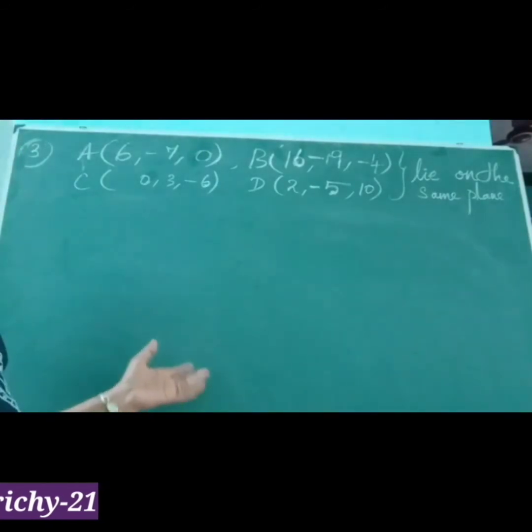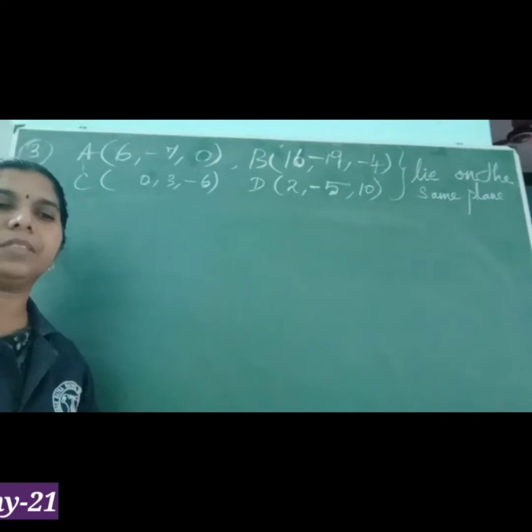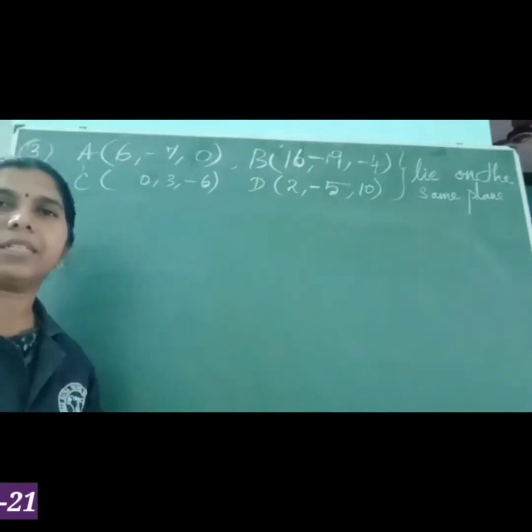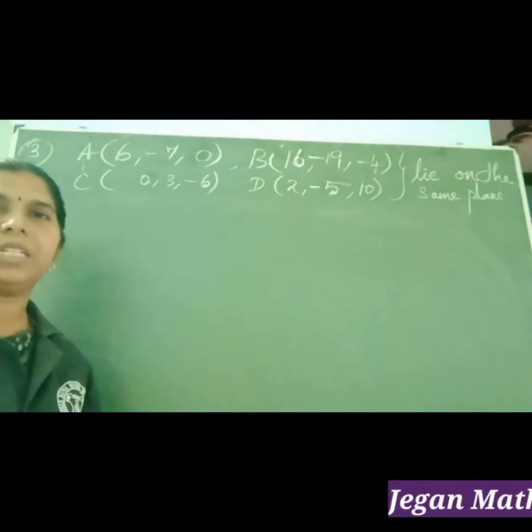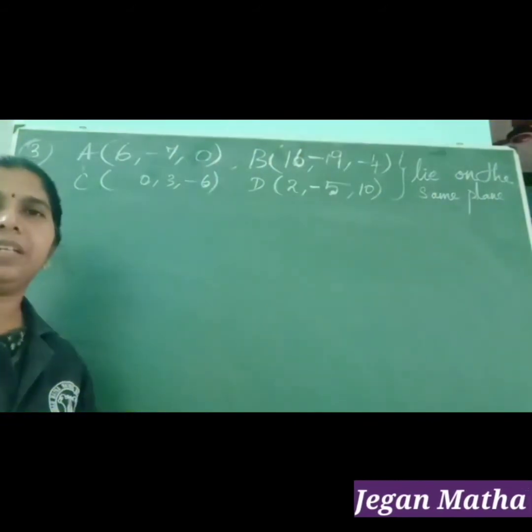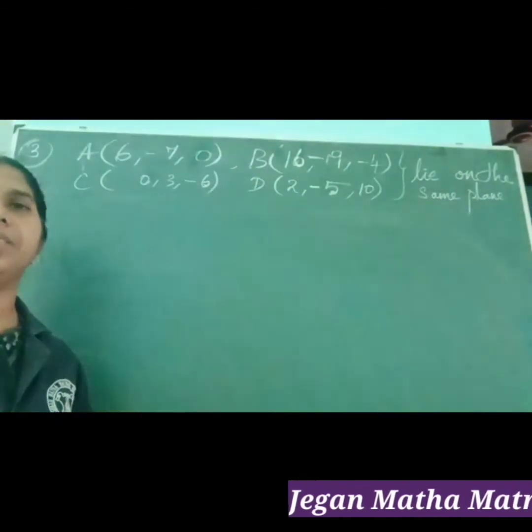So last sum we discussed, if 3 vectors are given and we want to prove the 3 vectors are coplanar vectors, box product of ABC equal to 0. Here 4 points are given. We can find out 3 vectors with the help of these 4 points.